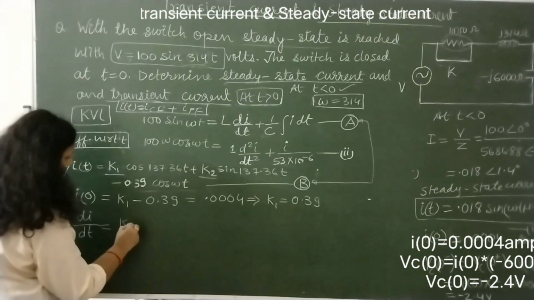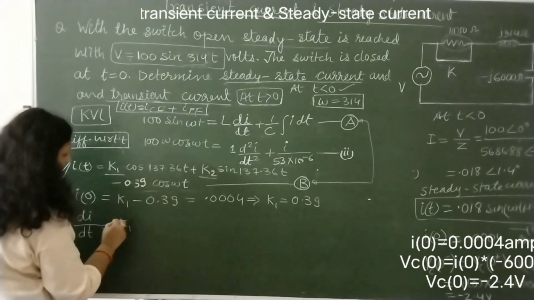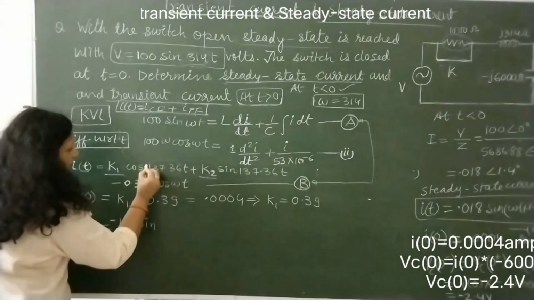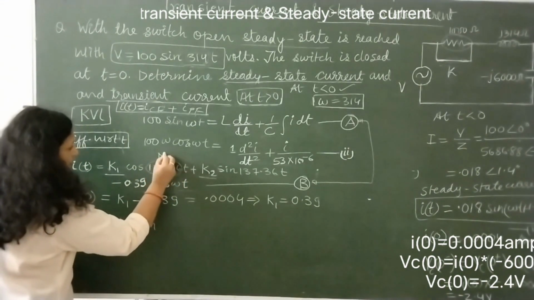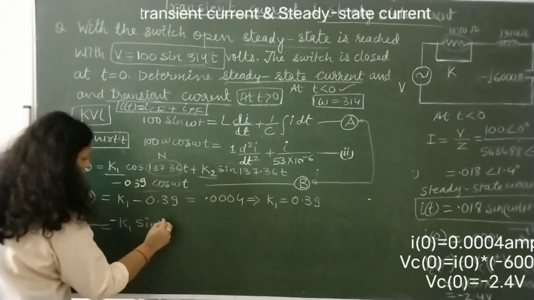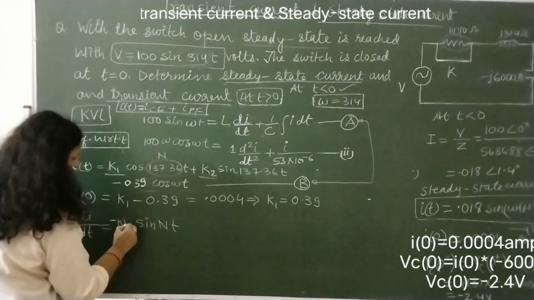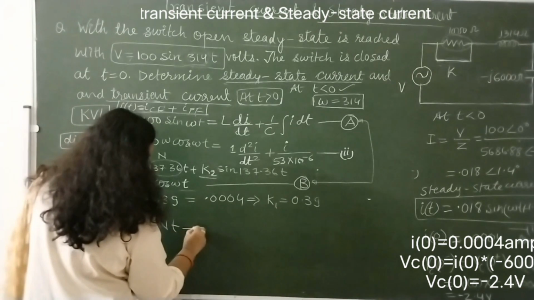We will get K1. Differentiation of this cos will give minus sine. Suppose this coefficient is n, so write down sine nt multiplied by n. Again differentiate this.